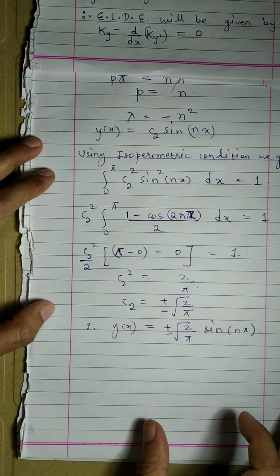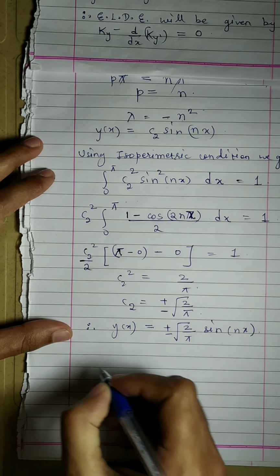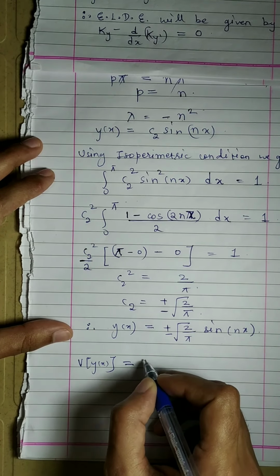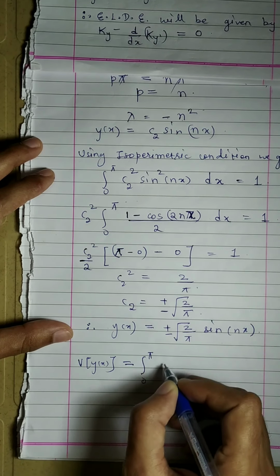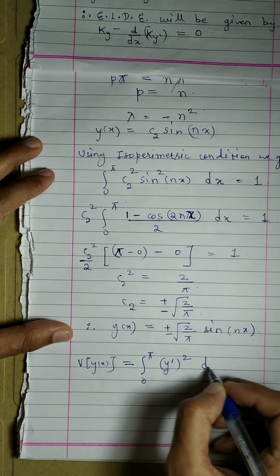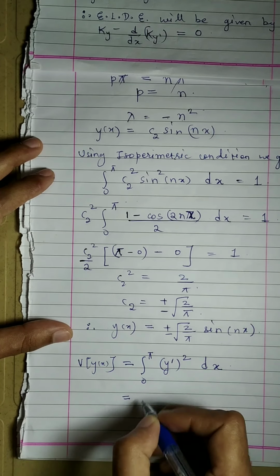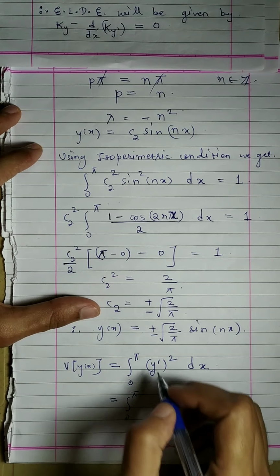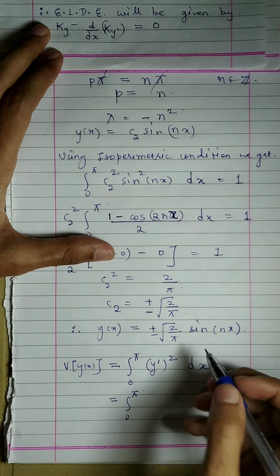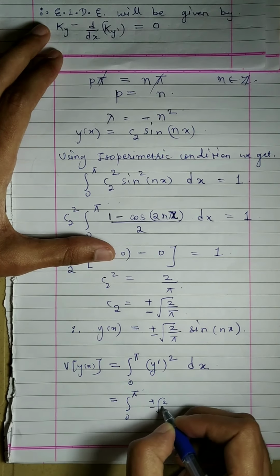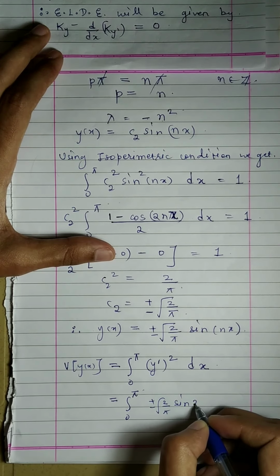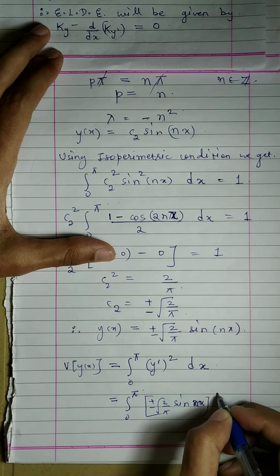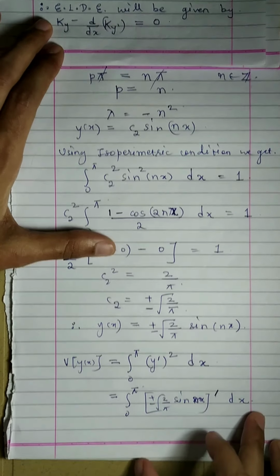And now if we want to find the extremum value, then it will be V of y of x equal to integral from 0 to pi y dash square dx, and this will be integral from 0 to pi, the derivative of this, plus or minus root of 2 by pi sine of nx, derivative of this dx.